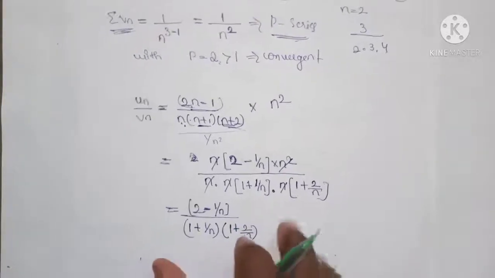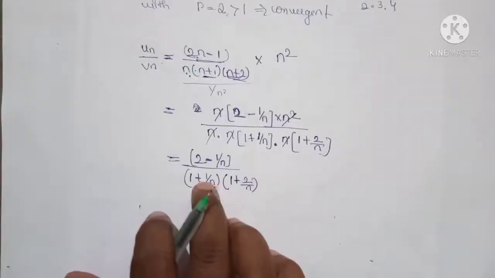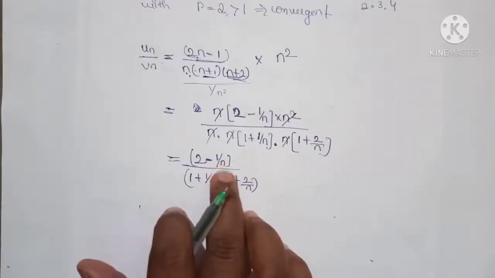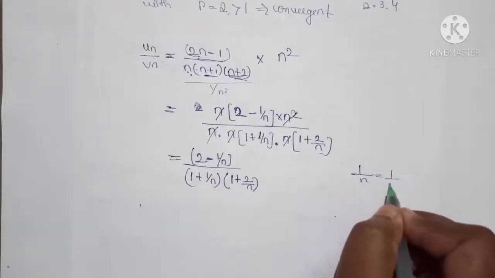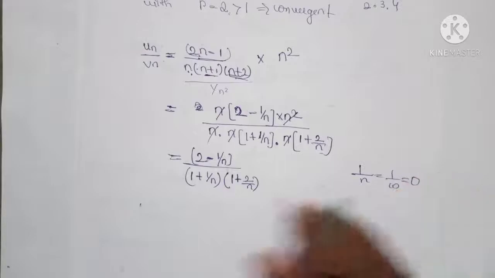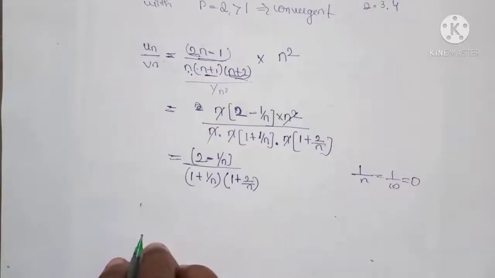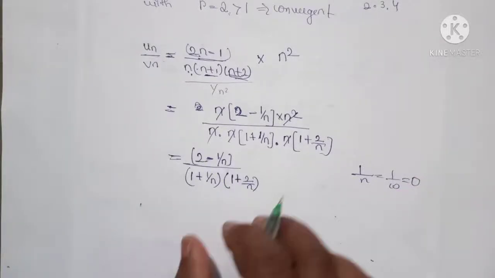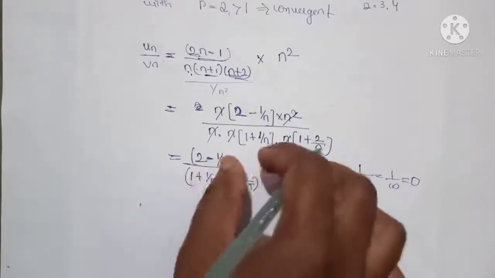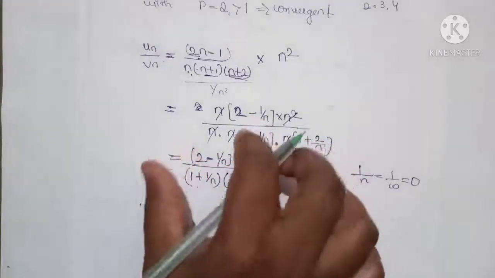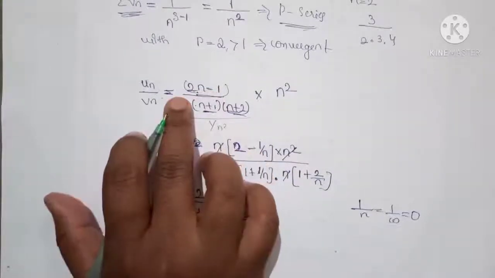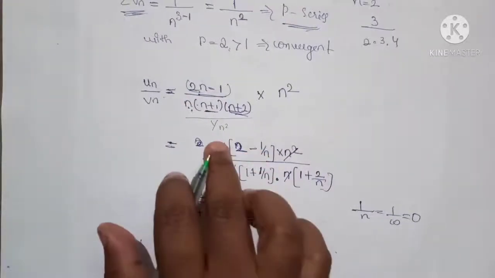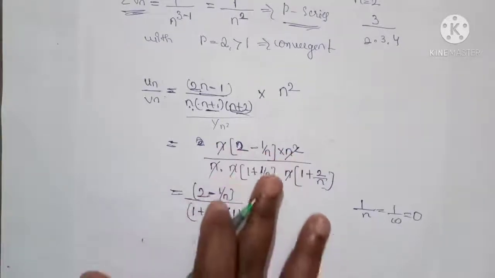So you can observe that I have represented all the n terms in the form of 1 by n, because 1 by n means 1 divided by infinity equals 0. Earlier I told that for all problems you should represent n in terms of 1 by n only. So wherever you have n terms in the brackets, you should take n common, then you will get the 1 by n form, and definitely those n will get cancelled.